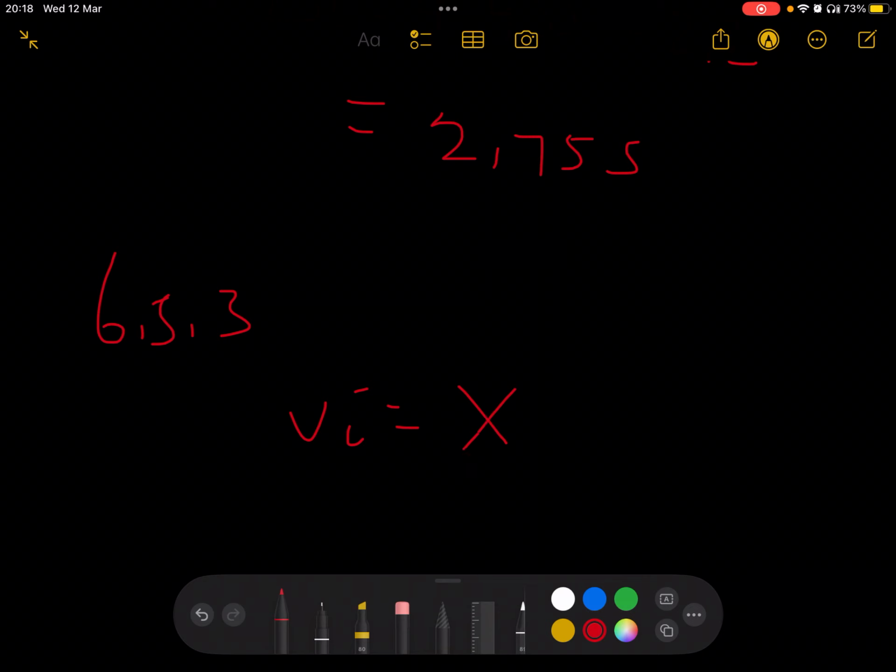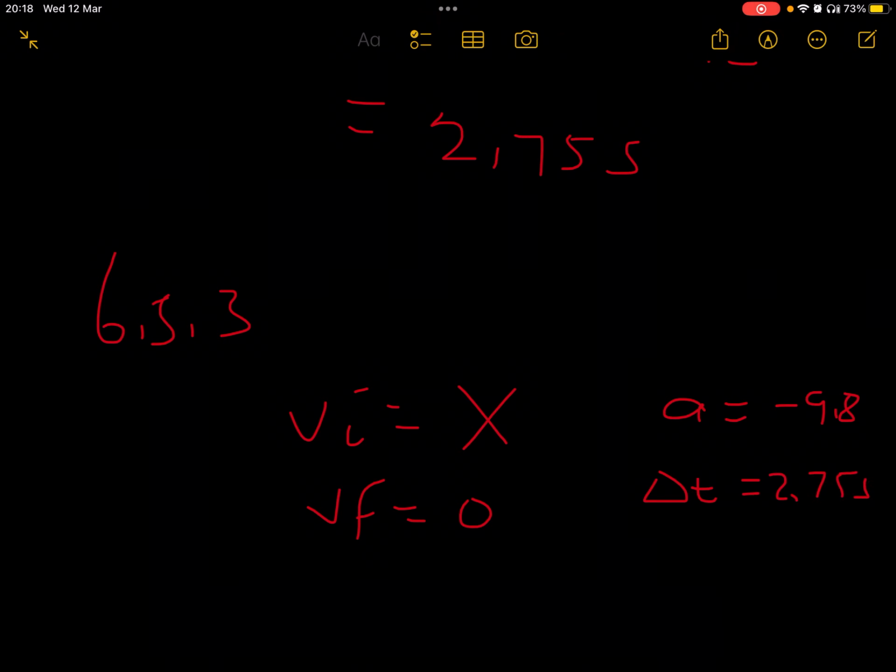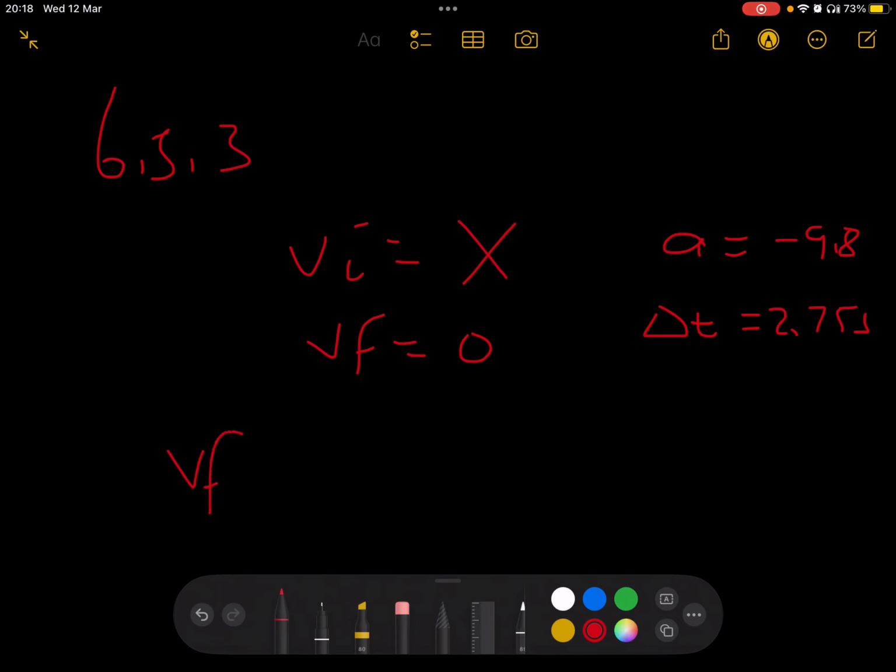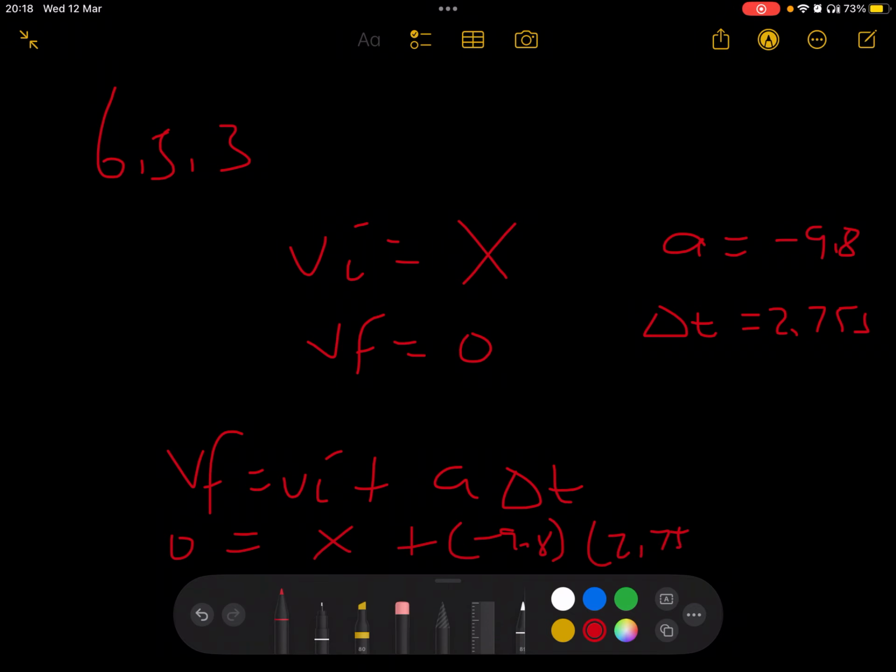V initial is x, V final is 0 because it's maximum height. Acceleration there is now negative 9.8 because downwards is positive. The ball was going up, and the time it took is what we just calculated, the 2.75 seconds. So we use the formula Vf equals Vi plus a delta t. Substituting, 0 equals x plus negative 9.8 multiplied by 2.75.